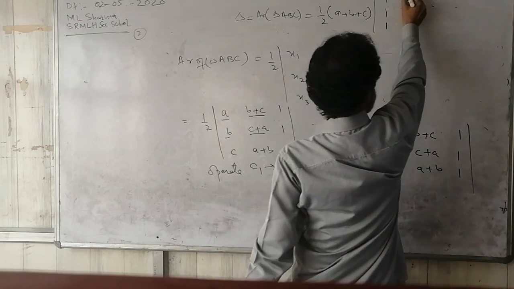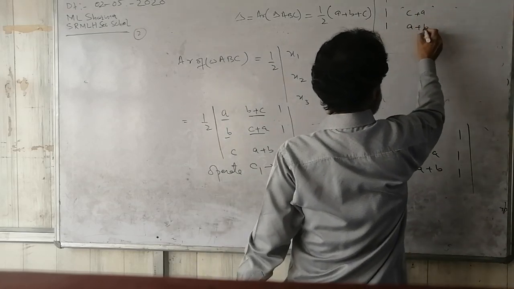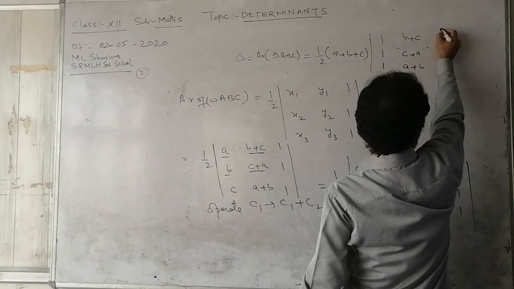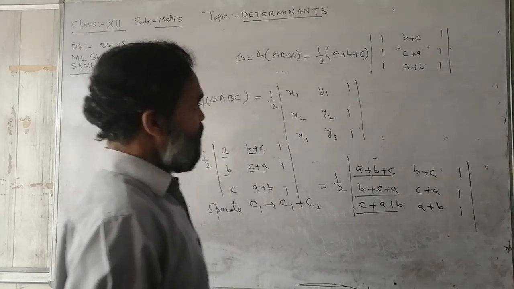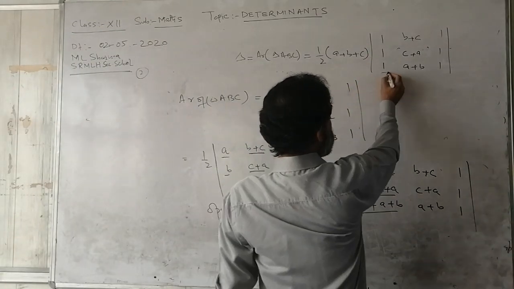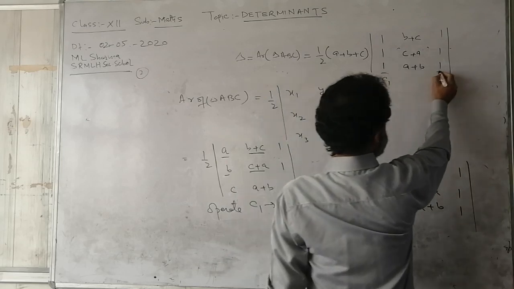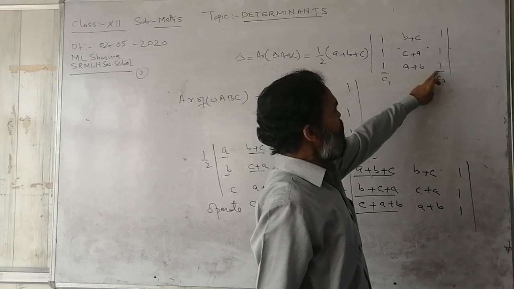Here B plus C, C plus A plus B, and 1, 1, 1 is left. Now if I look at this determinant, here C1 and C2, they are identical, elements are identical.